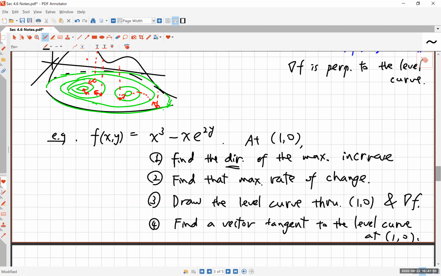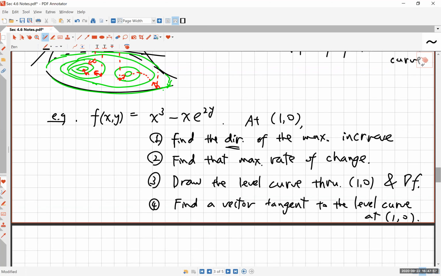Okay, so there are several things you have to do here, and you may want to actually try to draw a vector and draw a level curve first. But anyway, find the answers to these 4 questions, and when you think you have them, you can come back and go to the next segment of this lecture video.